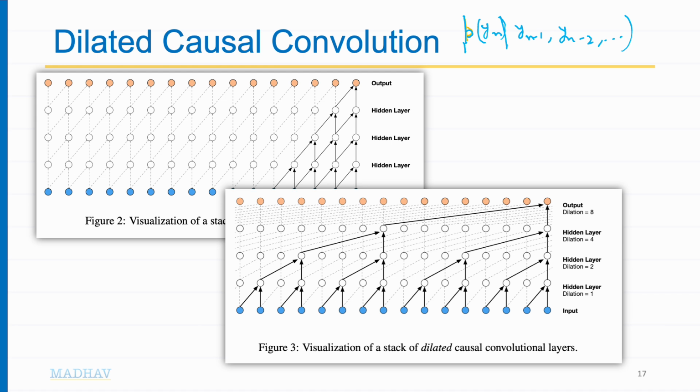The number of connections here and here are the same, but the receptive field of this one is much, much larger. Can you see it? What is the meaning of receptive field? The length of the input, or the size of the input, which the output sees. That's much larger than your 1D CNN.